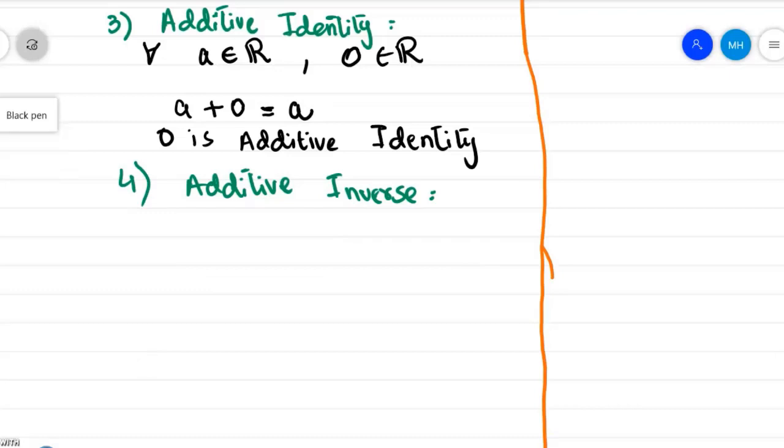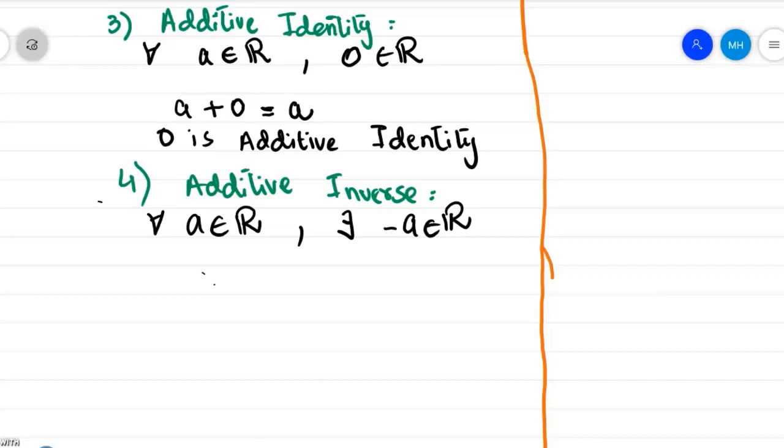For the additive inverse, it means we take one number from the real numbers, and there exists any other element from the real numbers which, when applied with this operation, gives you the additive identity.